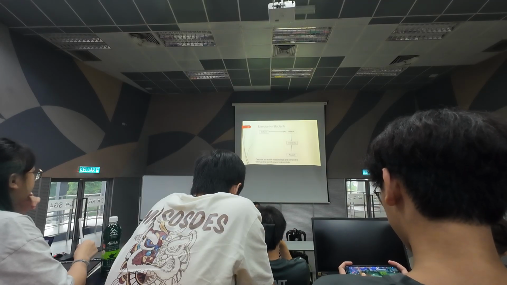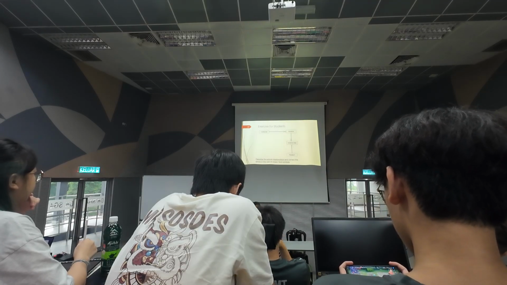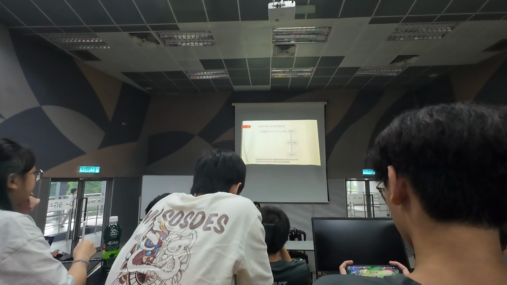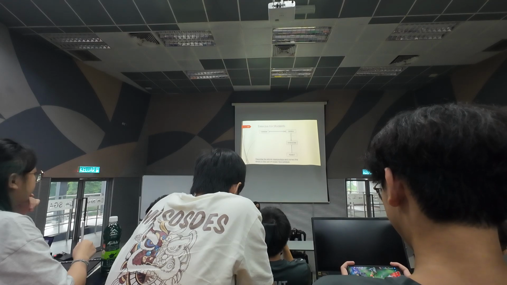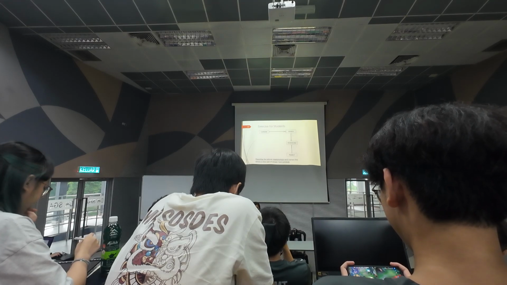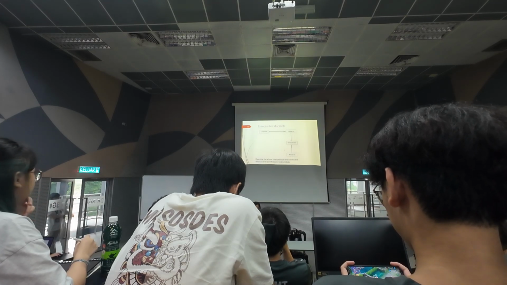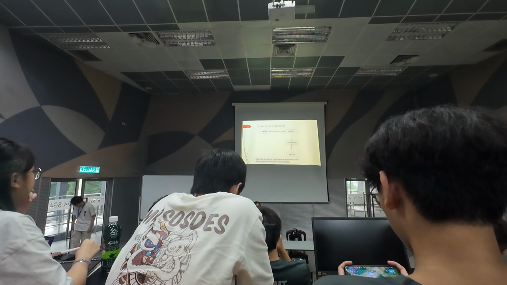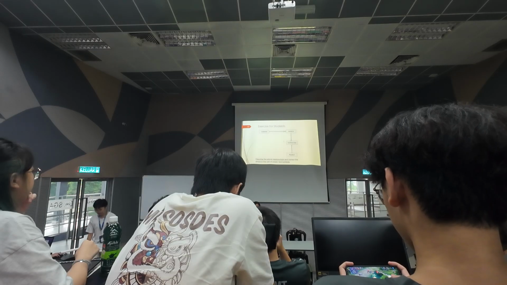Okay, so one invoice for how many invoice lines? Minimum one, maximum many. One invoice line belongs to exactly one invoice, so double one here. Now, one product can appear in how many invoice lines? Maximum many.